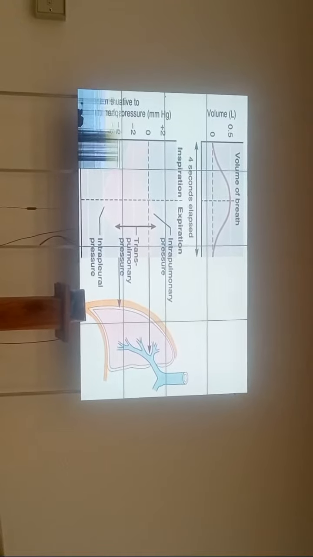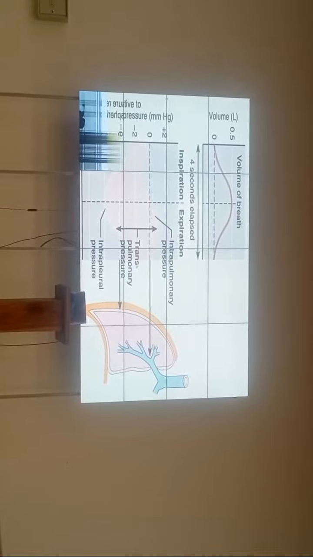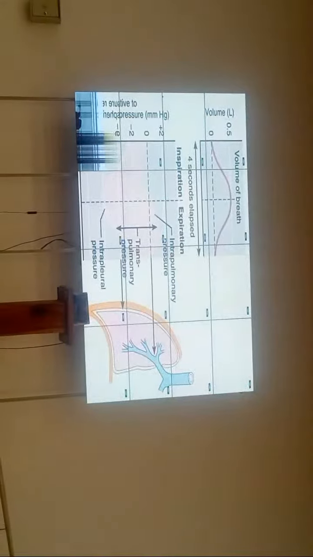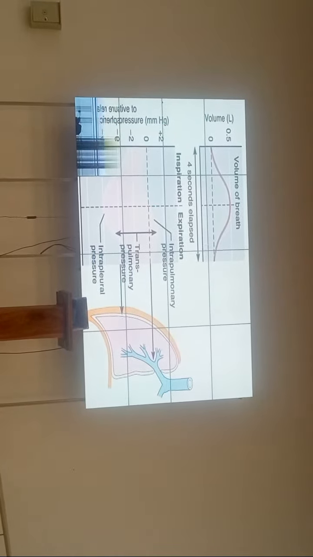It prefers to be in a collapsed state. This is called atelectasis. You remember atelectasis? A collapsed lung. When the alveolus collapses, it's called atelectasis. So the lungs prefer to be in a collapsed state because they are made of an elastic.